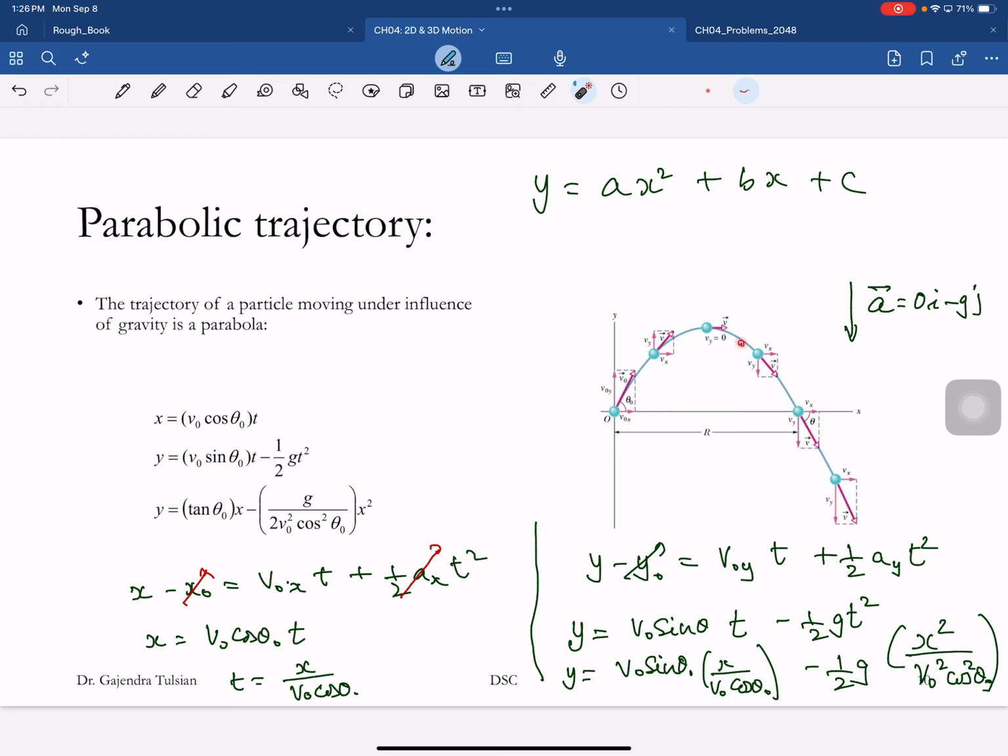As long as the y coordinate is a quadratic function of x, you know that that's a parabola. So what we are saying is, if you have a constant force, it doesn't have to be gravity, it can be any constant force, if you're traveling under that constant force, your trajectory is a parabola.